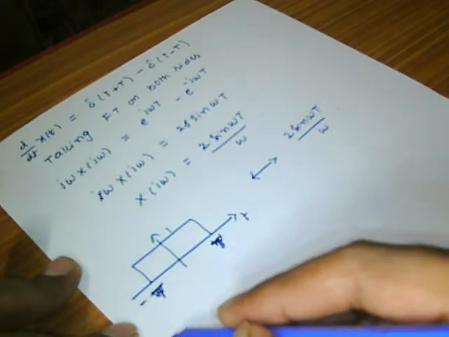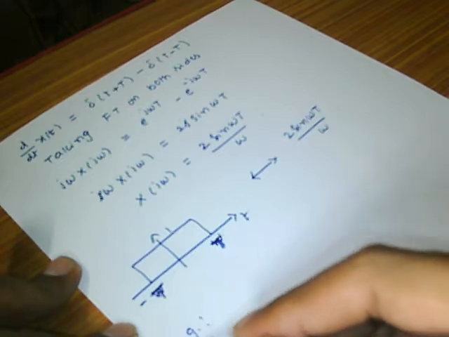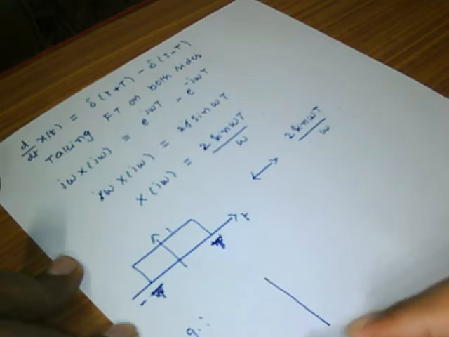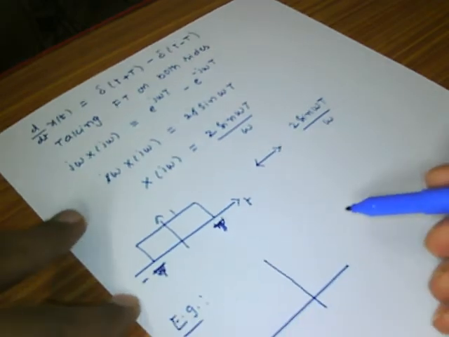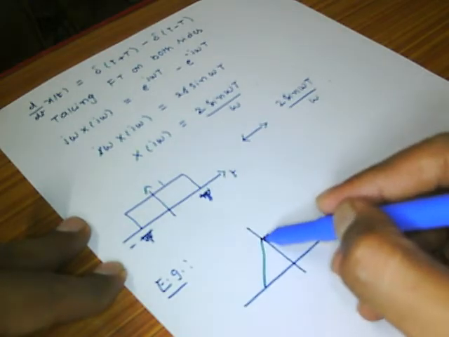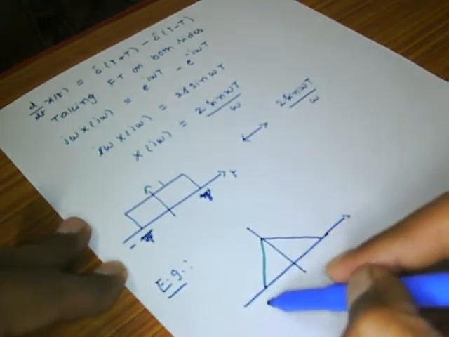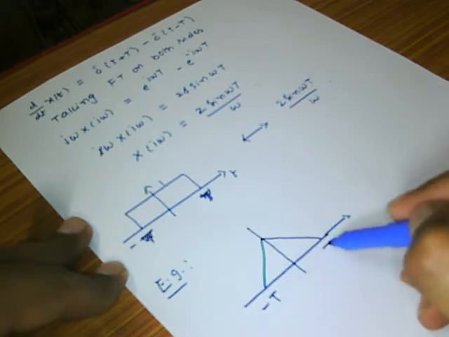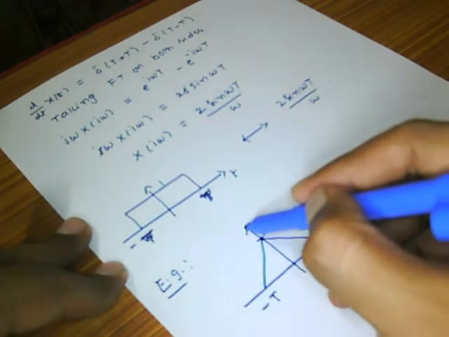Let us take the Fourier transform of a triangle signal. Here let me assume that my x of t is a triangle from minus T to plus T, and let us say the amplitude is 1.